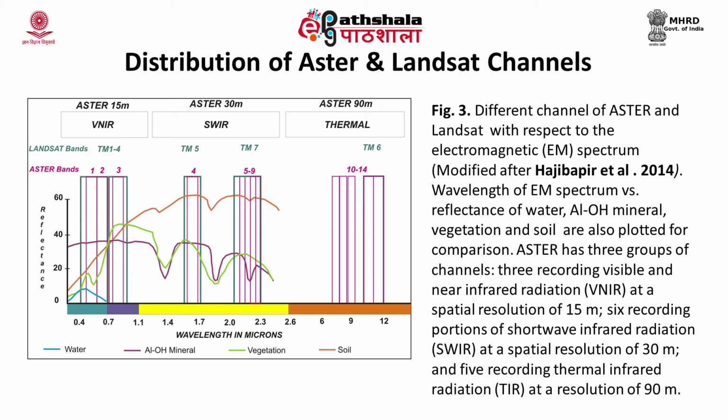Then we have SWIR, that is short wave infrared radiation, and then we have thermal infrared radiation, that we call TIR. And for all these bands we have different spatial resolution, like for the VNIR we have 15 meter resolution, in the SWIR that is 30 meter, and in thermal that is 90 meter.